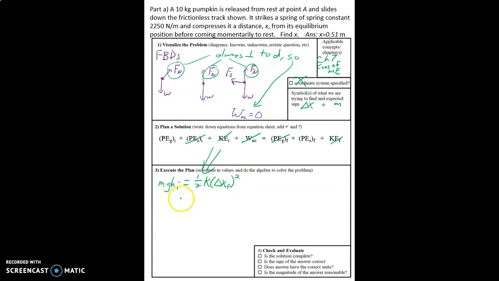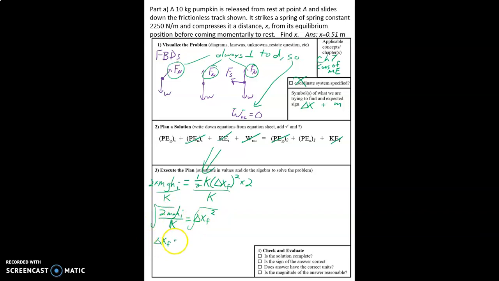Now we can plug in values, solve for the unknown. We could start off by dividing both sides by k, and multiplying both sides by 2. So then we get 2 mghi over k equals delta xf squared. And then we can take the square root of both sides.